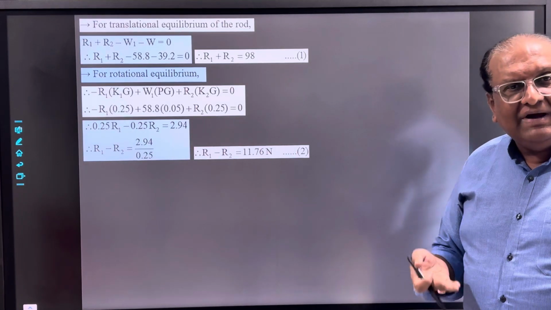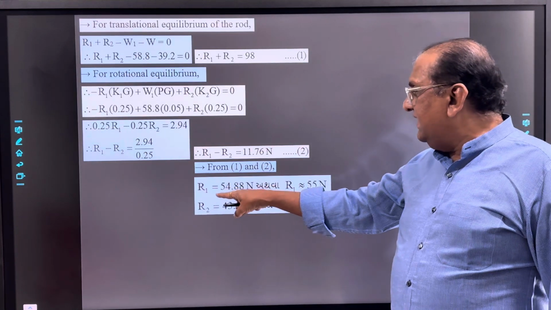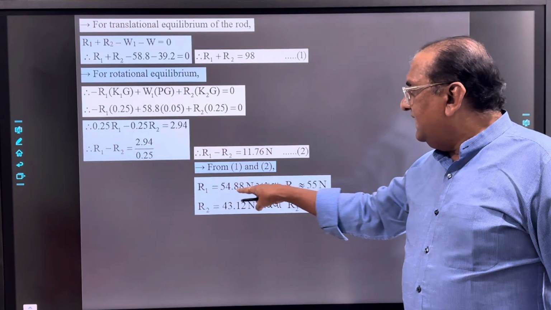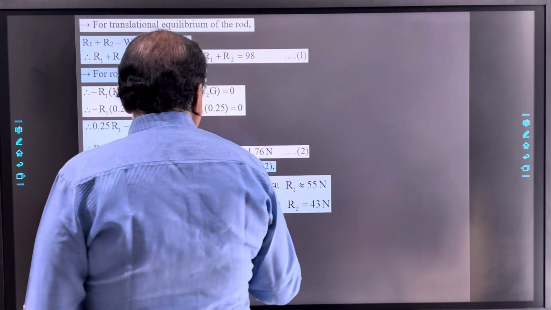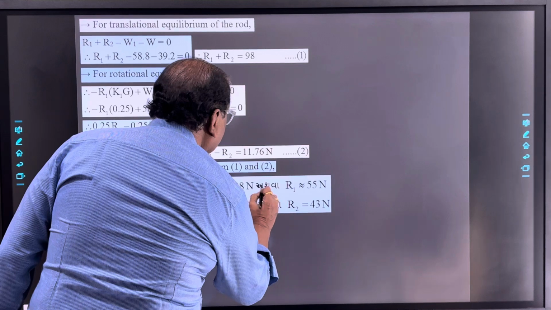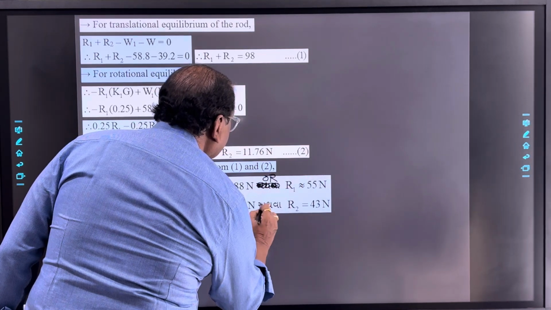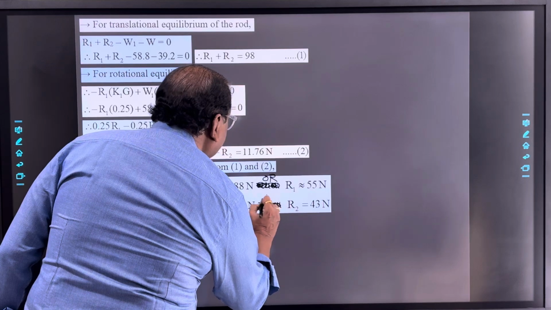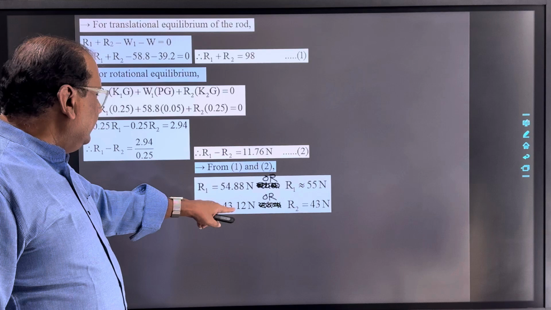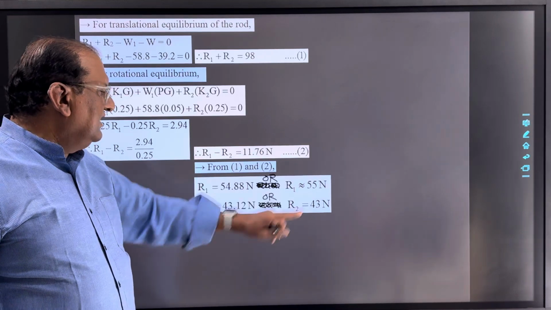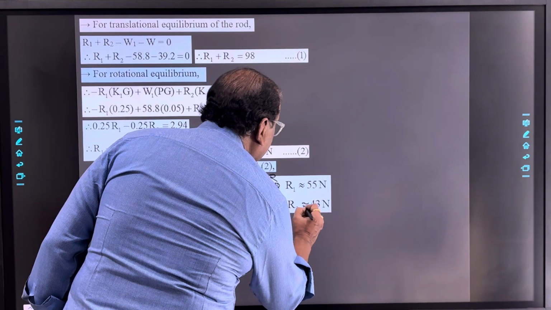So in this way, by elimination method, if we solve these two equations, then we will get the value of R1, that is 54.88 Newton, that is nearly equal to 55 Newton, and R2 is equal to 43.12 Newton, which is nearly equal to, we can write, 43 Newton.